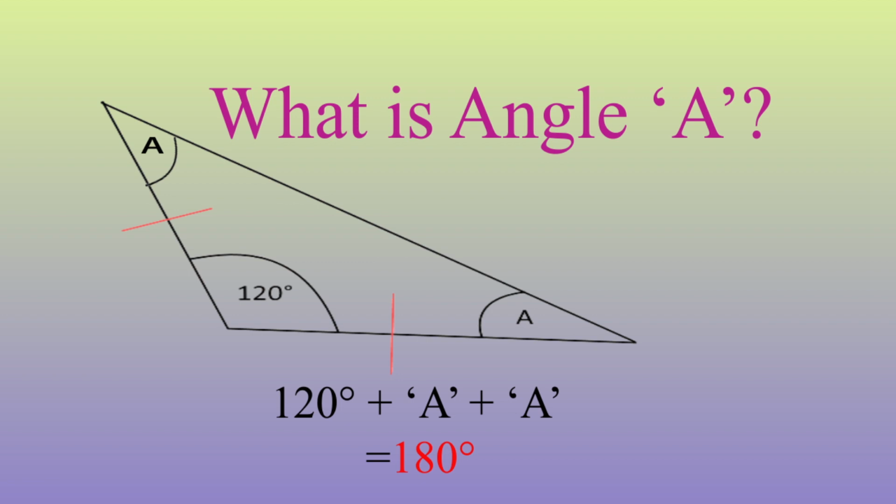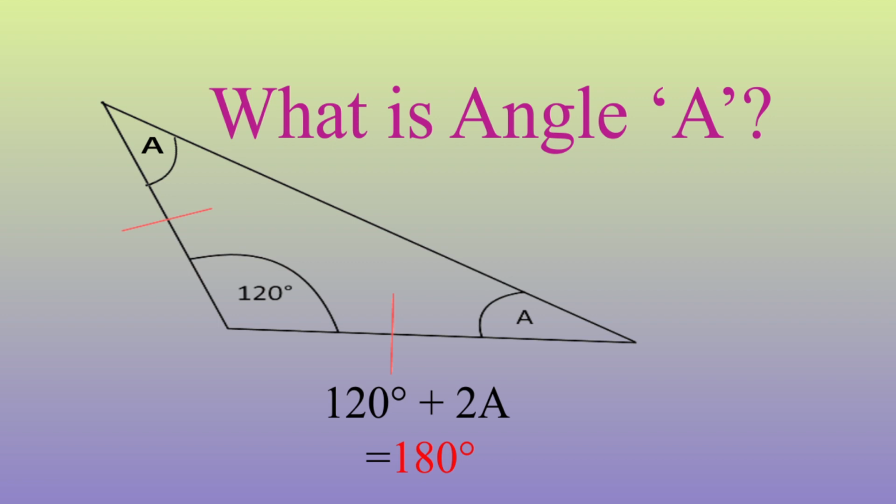Look, now we have two A's. We can even simplify this equation further by saying that 120 degrees plus 2A equals 180 degrees. That is, 120 degrees and 2A together make up 180 degrees.